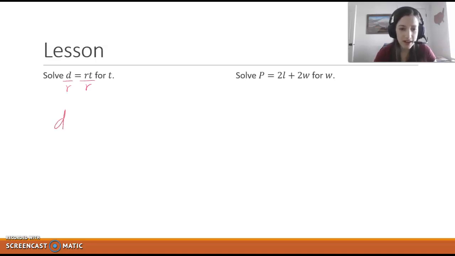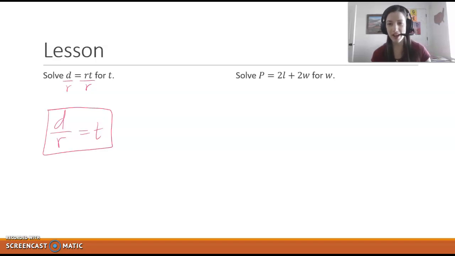So now I've got that d is divided by r, and my r's divide out. R divided by r is just 1. So then I'm left with just t. And it tells me that I need to solve for t, so I've got t equals d divided by r. T's by itself, so that question is done. So that's your answer: t equals d divided by r.